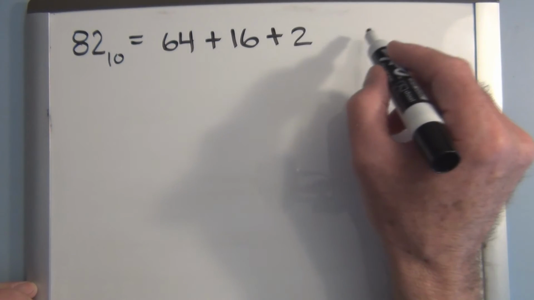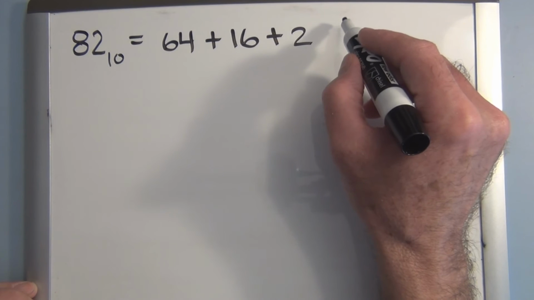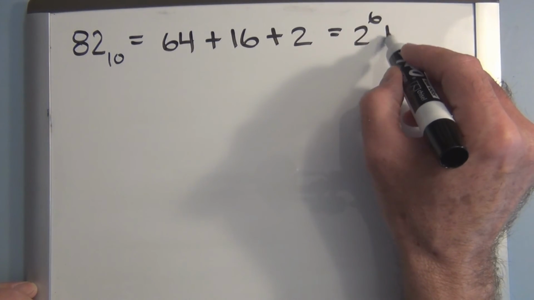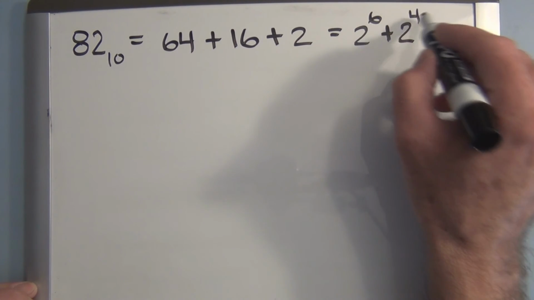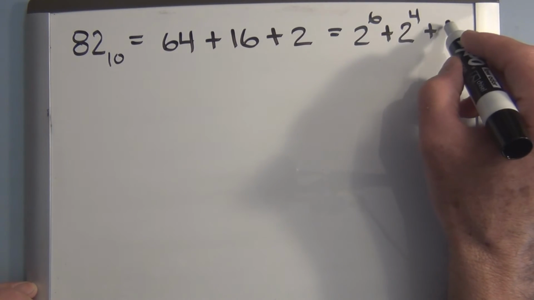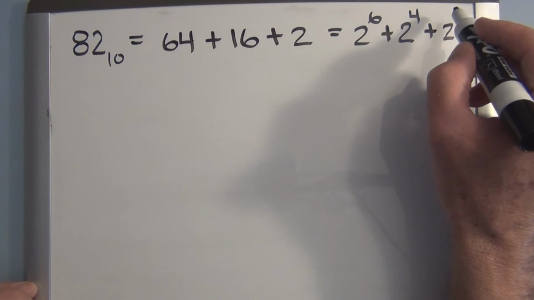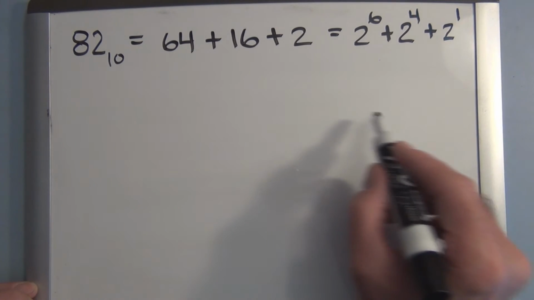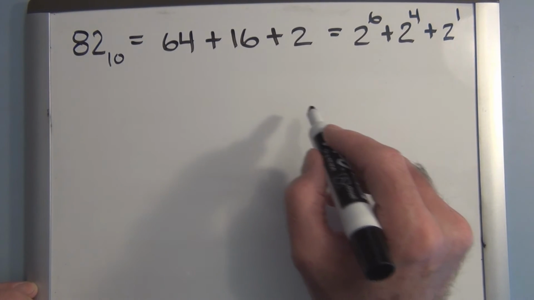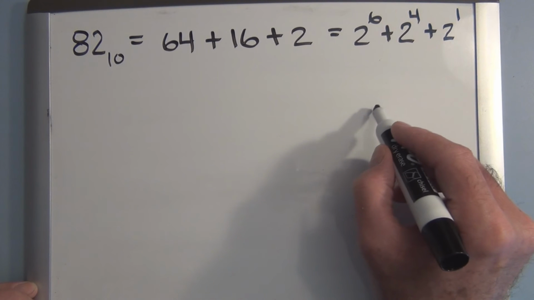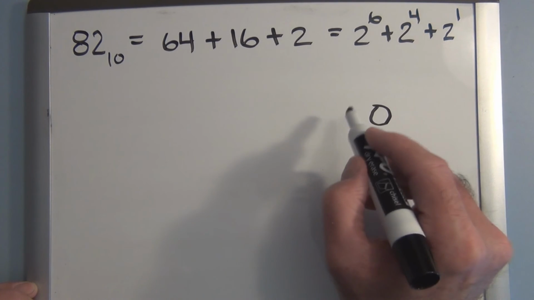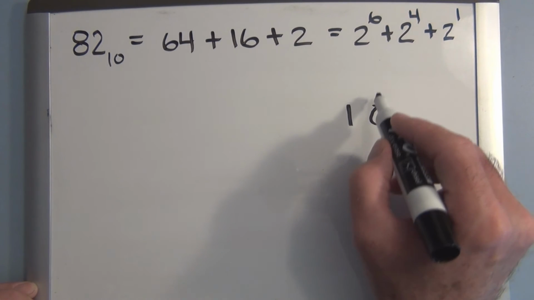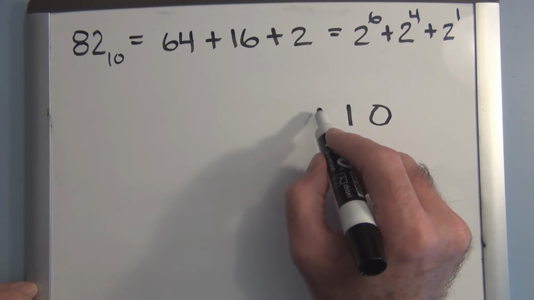So what we have now is 2 to the 6 plus 2 to the 4 plus 2 to the 1. And so in the 2 to the 0 position, there's going to be nothing there. There's a 1 in the 2 to the 1, 2 to the 3.